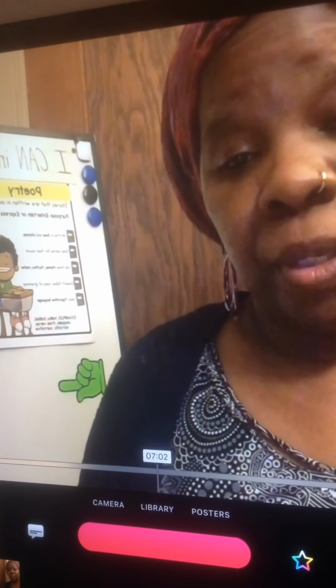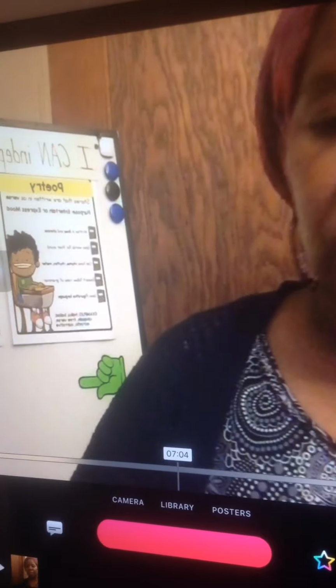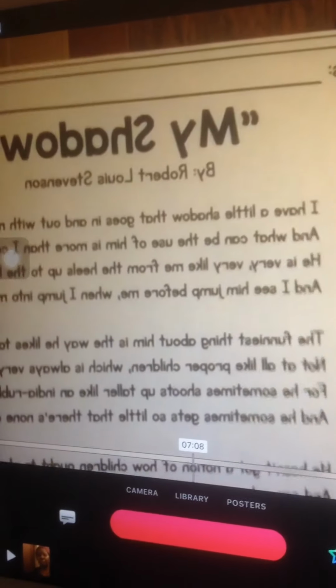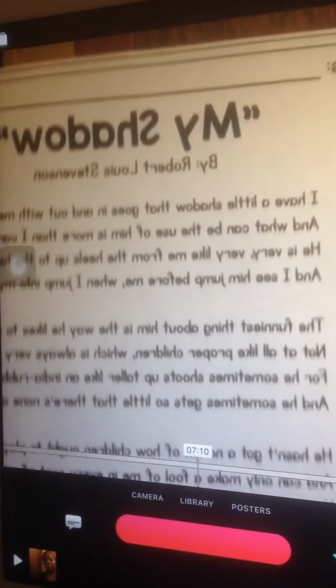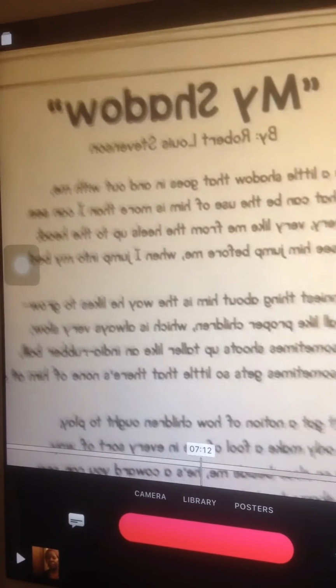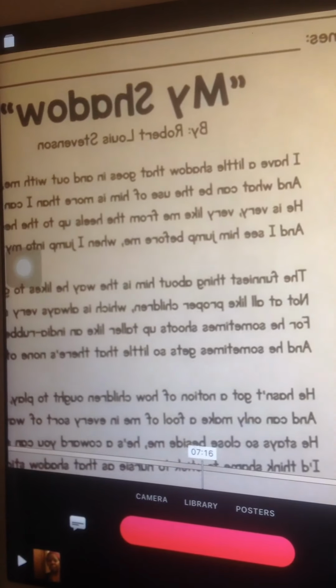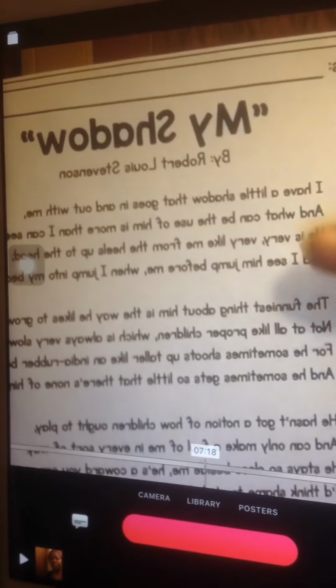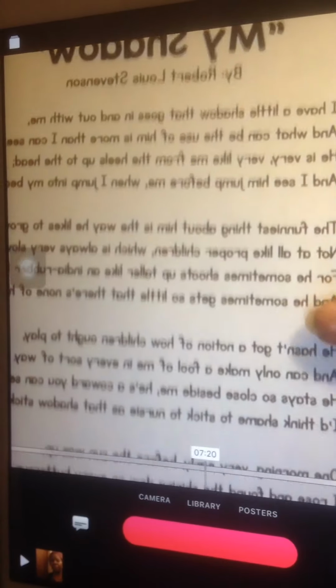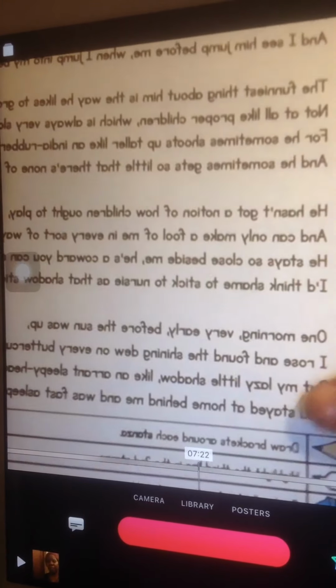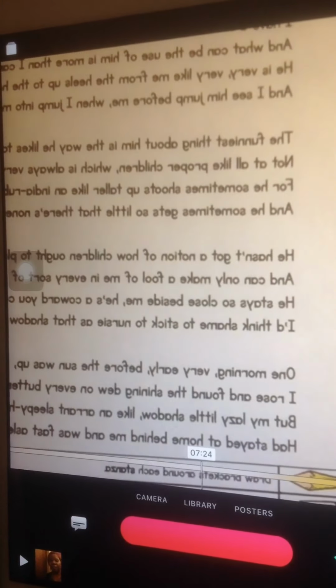Your independent work, so that was Monday. Your independent work is going to be my shadow. So if you look at this, you'll see, and we can look at it, automatically this tells us they have stanzas or verses. I can see one here, here, here, here. Okay?